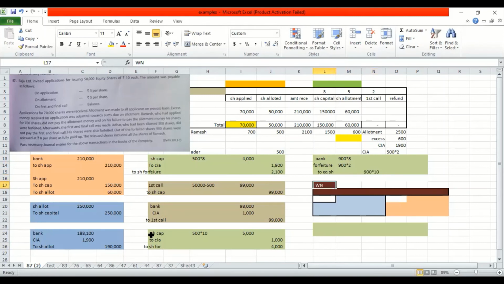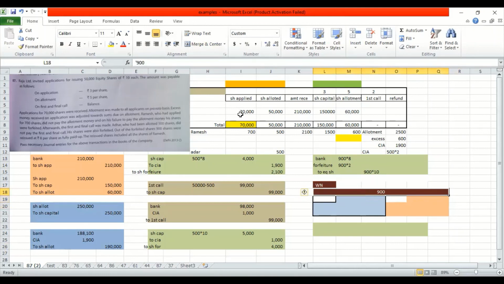Now the next and the most important part in this sum is about your capital reserve, the amount which has to be transferred. So that last line brings a massive change in the whole thing. The last line states that the share of Ramesh is completely reissued.